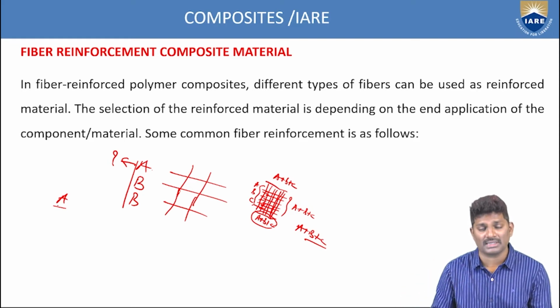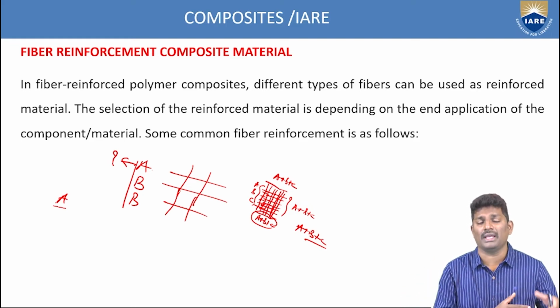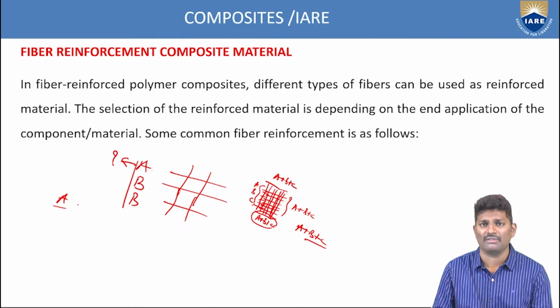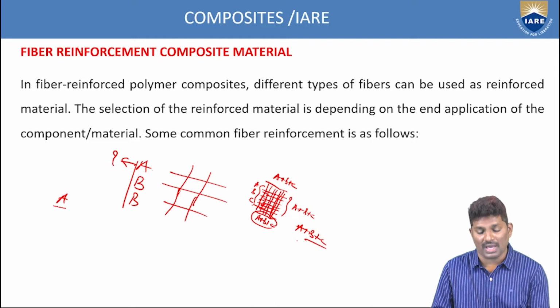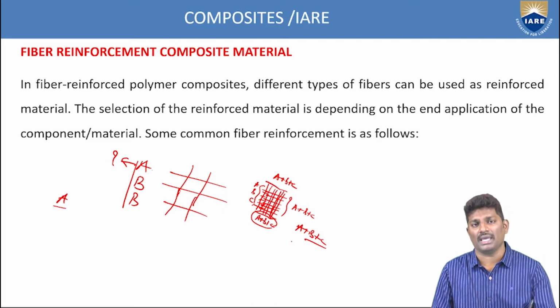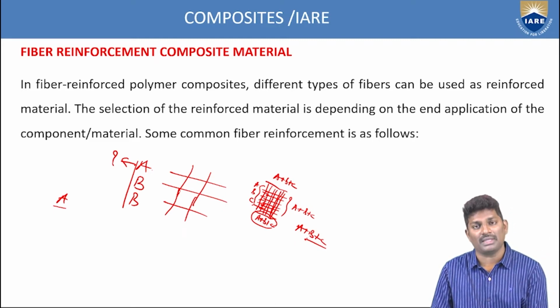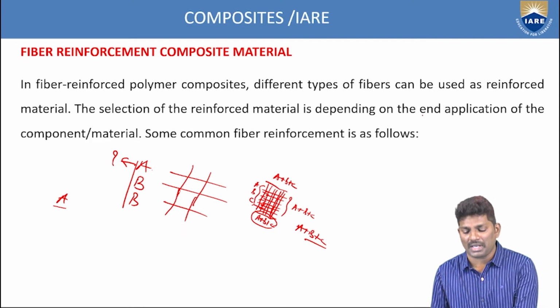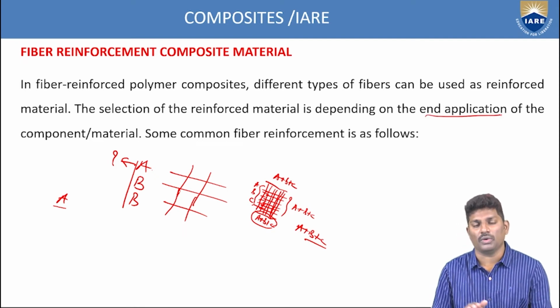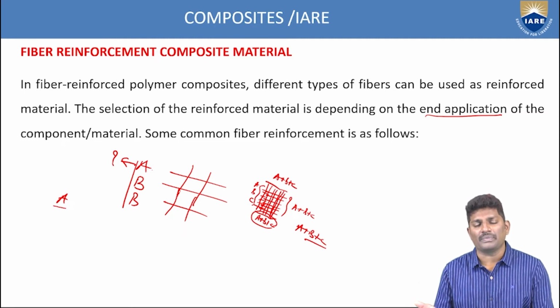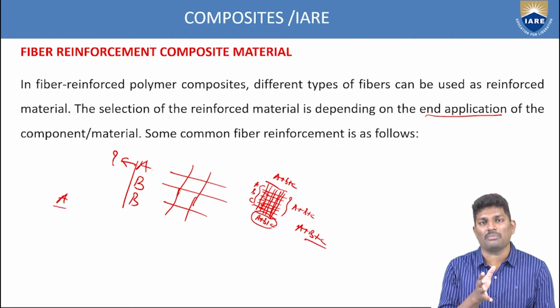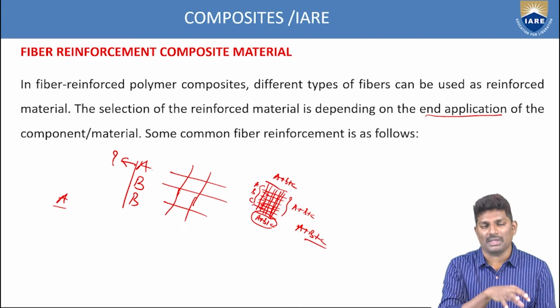But this single A cannot be applied in aerospace applications or the energy sector. Why? Because it has very few properties. But if you add another material into this A, there is some increase or enhancement in the properties. So that's why the end application is very important. If you know the application, then you can easily select what type of material is useful for that application.